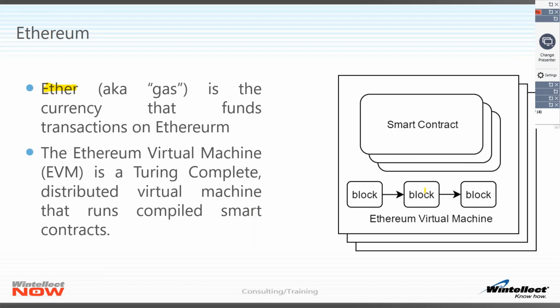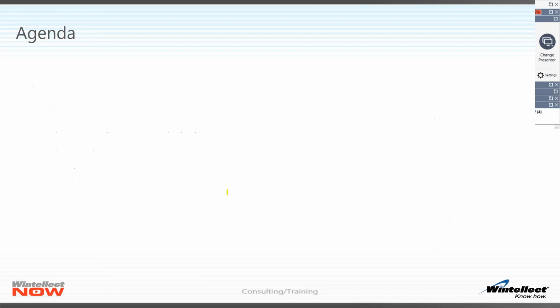So if you were looking at it, you have the Ethereum virtual machine, and it has a part of it that distributed ledger right here, and then it has part of that smart contracts, and these are essentially just apps that are running on that virtual machine. And those apps consume Ether based on some algorithmic approaches to how much RAM it uses, CPU resources, network resources, and other things like that.